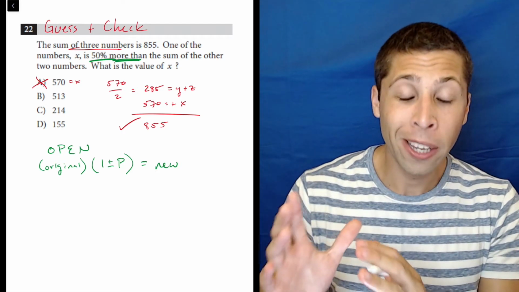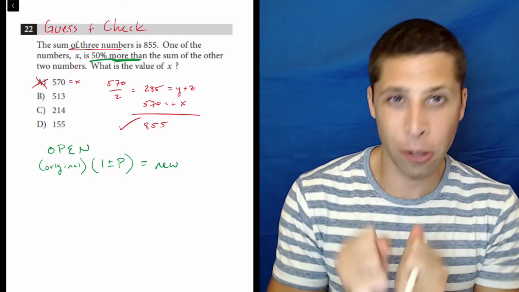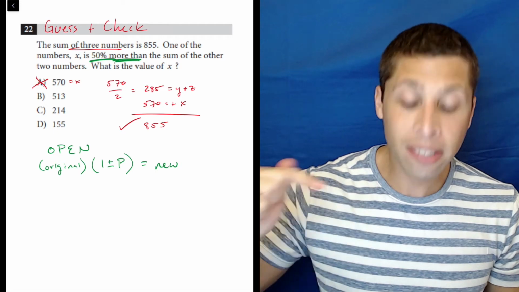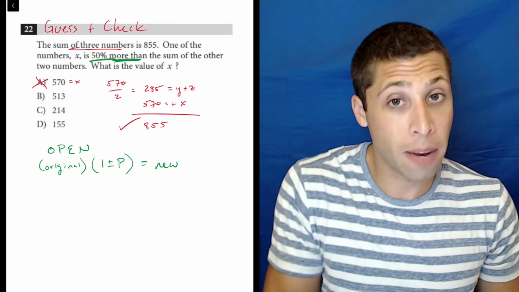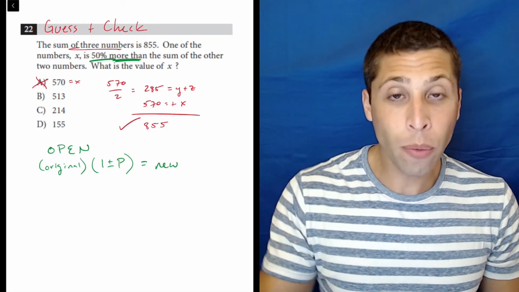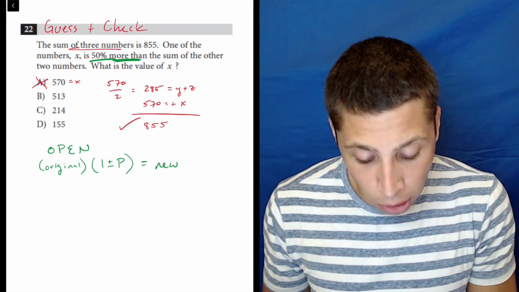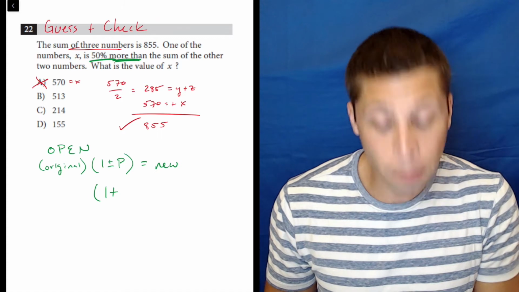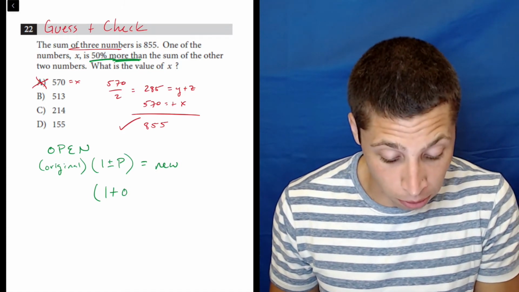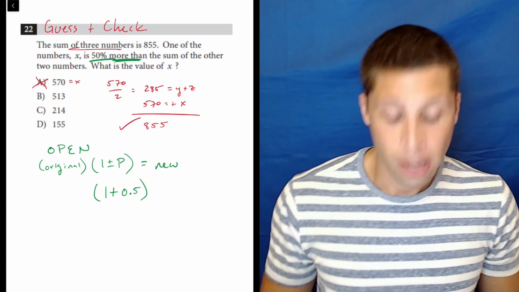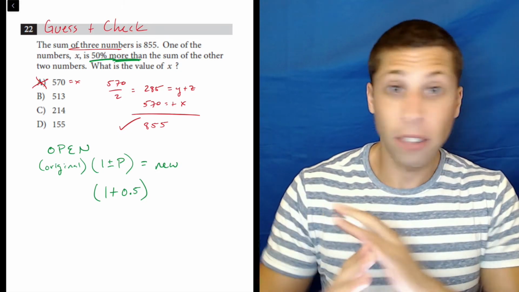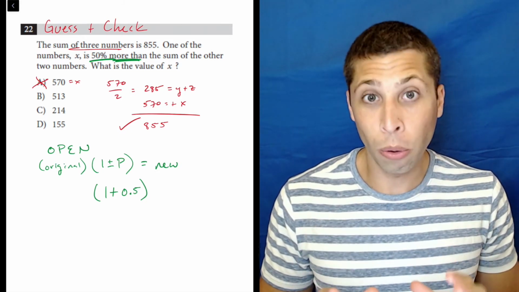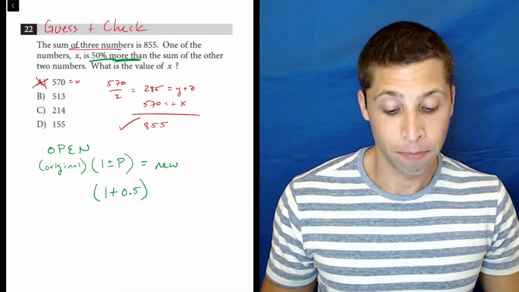So now, the best thing with this formula is it's very intuitive, okay? If they say in the question 50% more than, then when we go to the formula, it's going to look that way. 50% more is going to be a plus, so 1 plus 50% as a decimal is 0.5. So that part is very intuitive. It's going to match with what we're told in pretty much every circumstance.